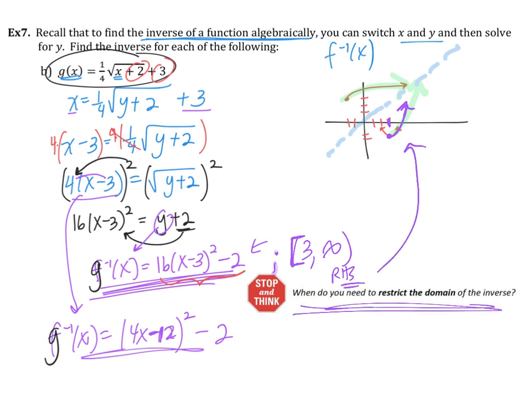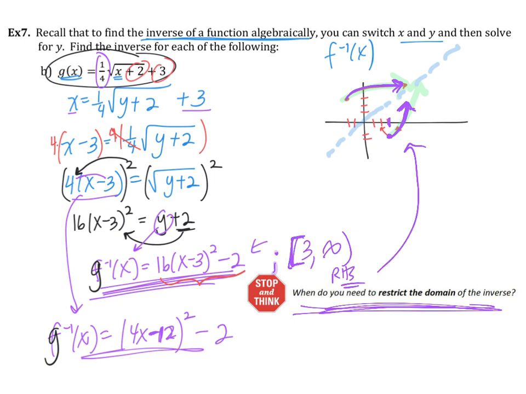So stop. When do you restrict the domain? You have to restrict the domain for a square root function. The cube root's okay. You can take the cube root of a negative number, but you cannot take the square root of a negative number. So that is going to be limited. So here was my original function. It was only the upper portion because this is a positive value. So we only need the right-hand portion.